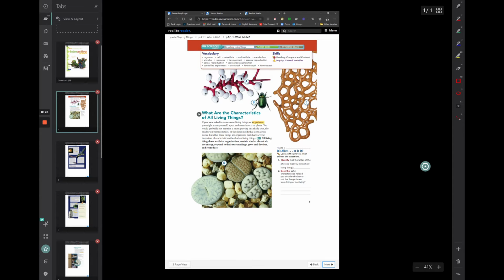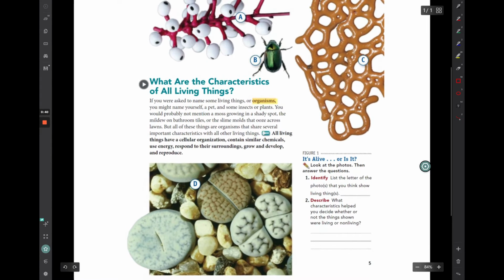So if you go to page 5 in your textbook, I just want to talk about the characteristics that all living things have in common in these first few pages. So first of all, and we've talked about this before, all living things are called organisms.